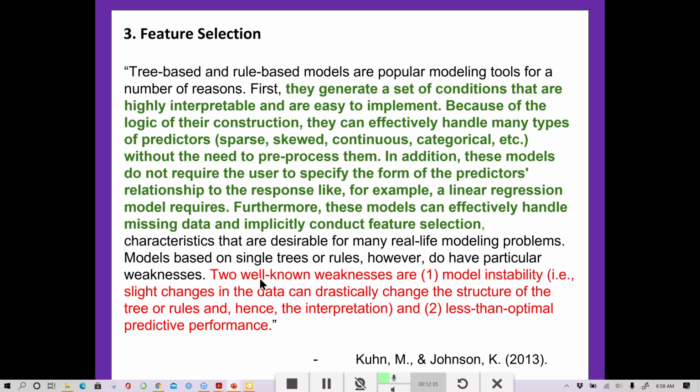Then, we also mentioned in the previous class two well-known weaknesses of regression trees, namely model instability. A little bit of change in the training data can sometimes drastically change the structure of the trees or rules, and that would also mean that the interpretation of the model itself would change. Then sometimes you can also have less than optimal predictive performance.